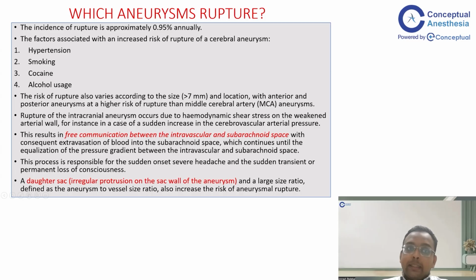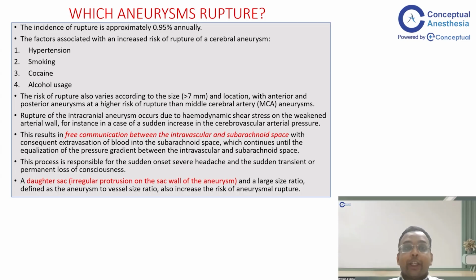So why does this happen? Because the rupture of intracranial aneurysm occurs due to hemodynamic shear stress on the weakened arterial wall. For instance, in the case of a sudden increase in the cerebrovascular arterial pressure, it may lead to an increased shear stress on the vessel wall, leading to rupture. So after rupture, what happens?